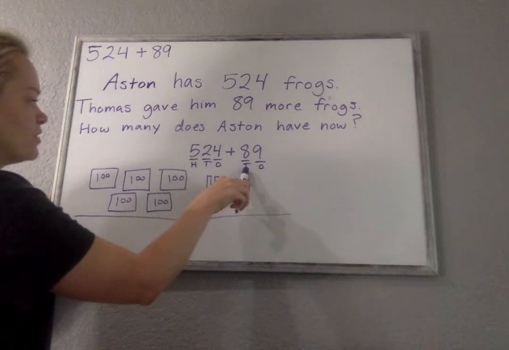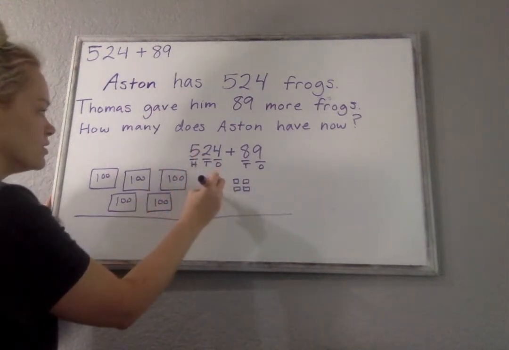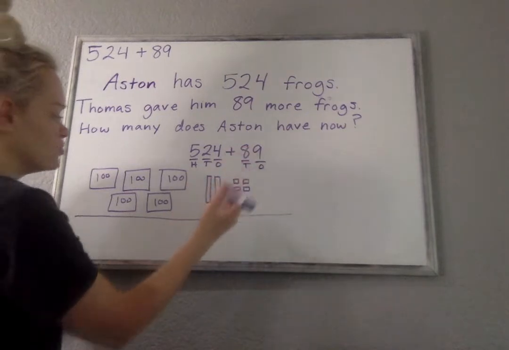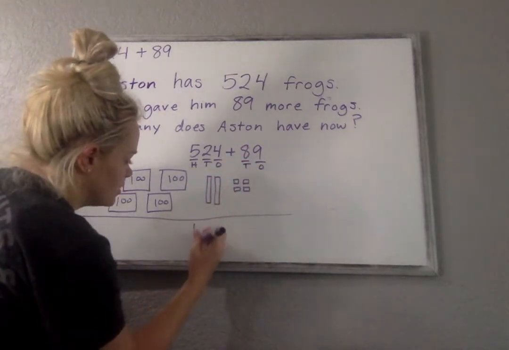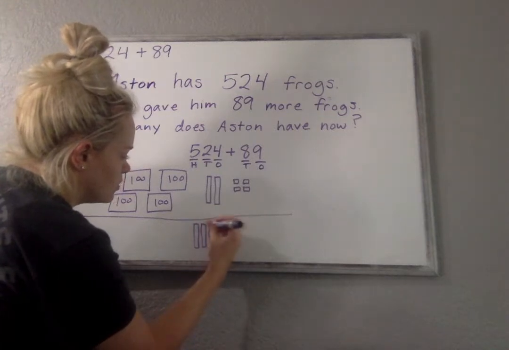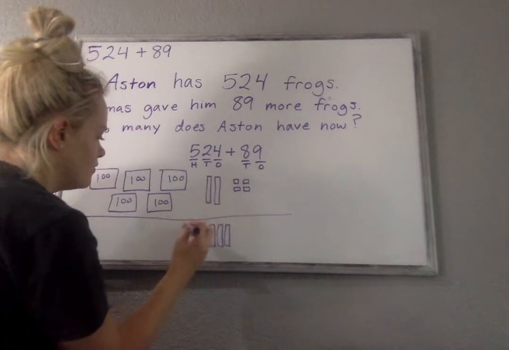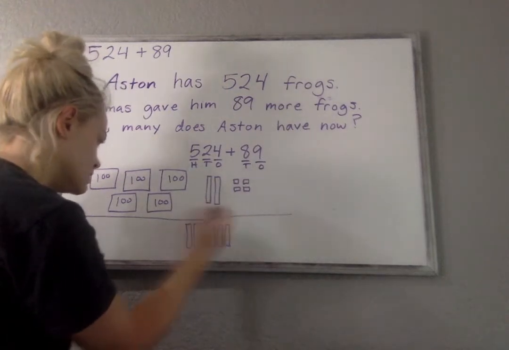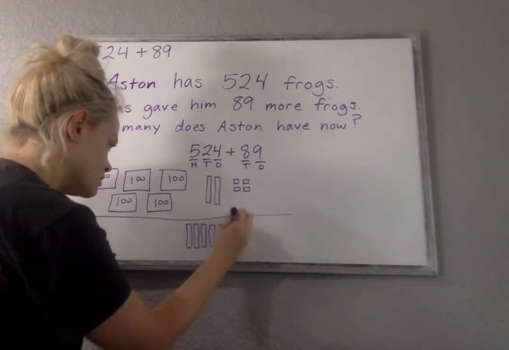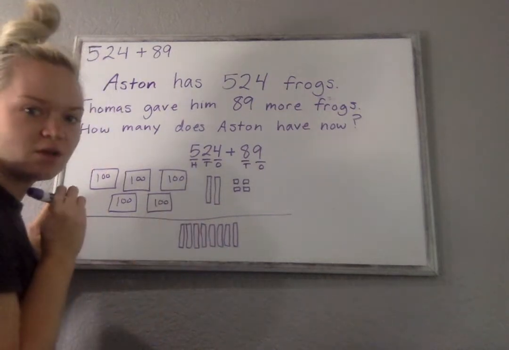Okay, and I'm going to come over here. Now I don't have any hundreds to add under here, so I'm going to come over here to my tens. So I've got to draw 8 more of those over here. 1, 2, 3, 4, 5, 6, 7, 8. Okay, so now I have 8 of those.